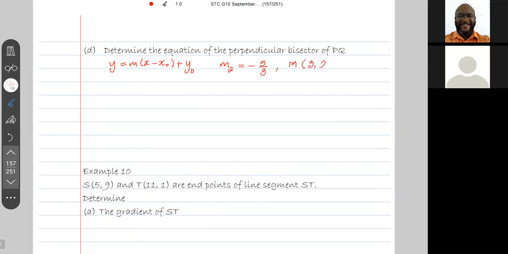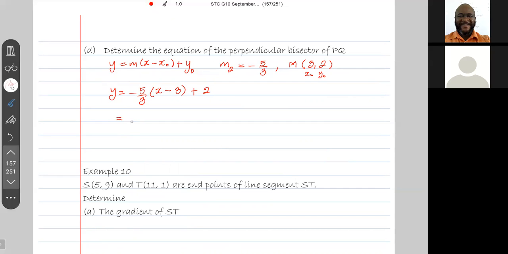For the purpose of my formula, this is x naught, y naught. Y is equal to minus 5 over 3 times x minus x naught, which is 3, plus y naught, which is 2.